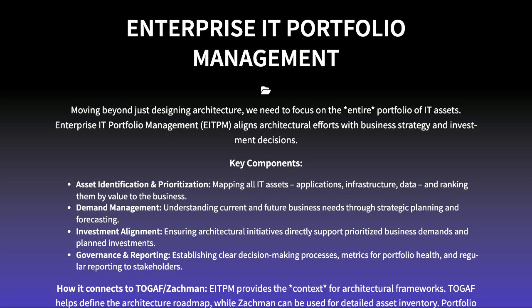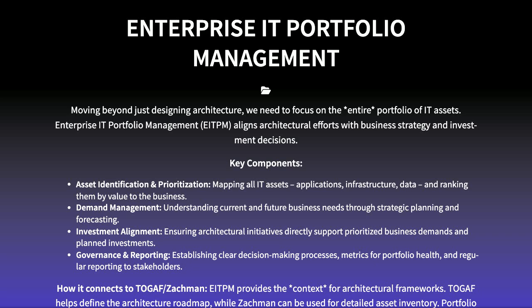Okay, let's talk about enterprise IT portfolio management. This step is all about connecting architecture to the bigger picture, the business goals and investment decisions. Think of your entire collection of IT assets, everything from software applications to servers and data. We need to figure out which ones are most valuable, prioritizing them based on how much they contribute to strategic objectives. It's also crucial to understand what our future needs might be.